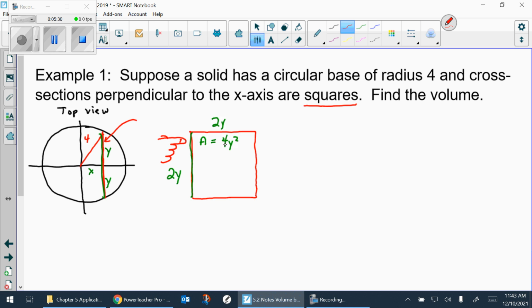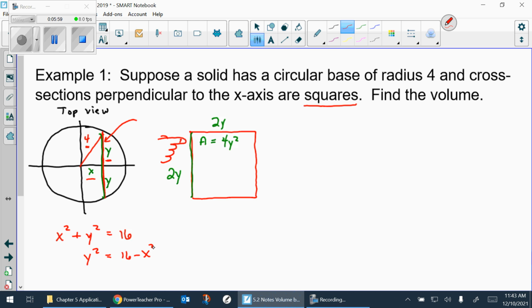But what I do know from my drawing is that x squared plus y squared is going to be equal to the hypotenuse, or 4 squared. So I'm going to get 16. And so if I'd like an expression for y squared, I could say that it is 16 minus x squared.